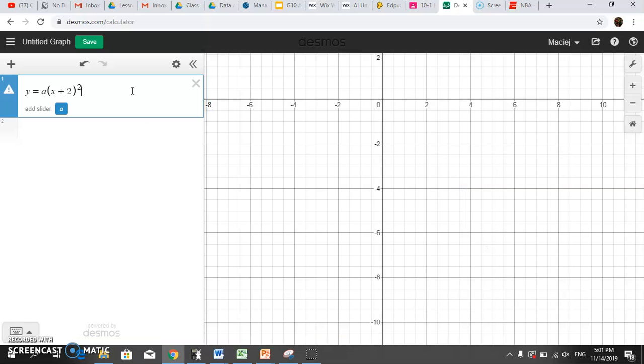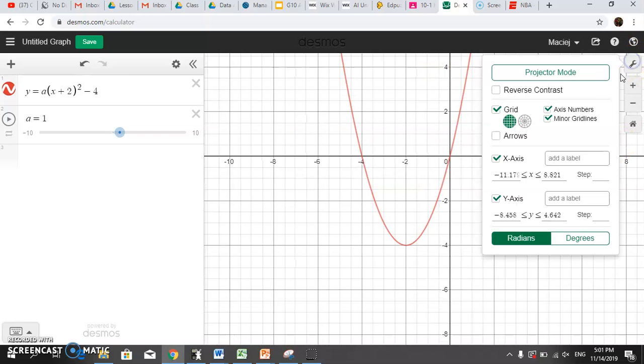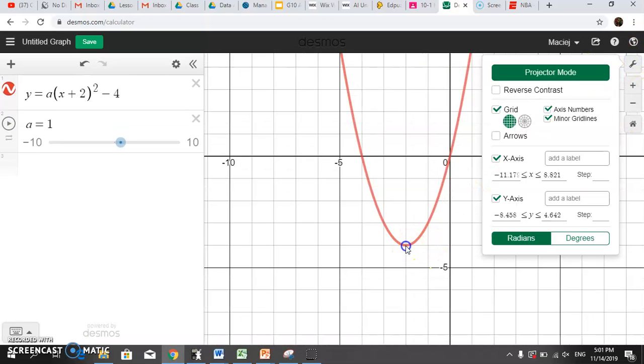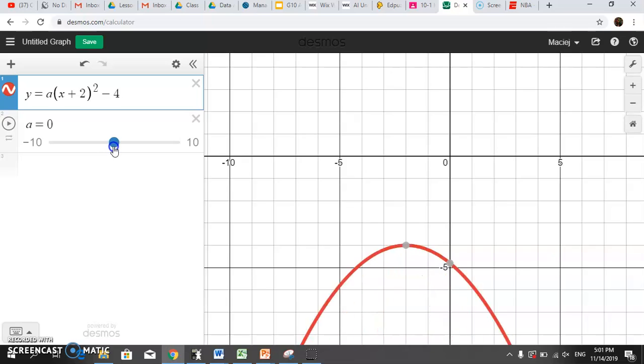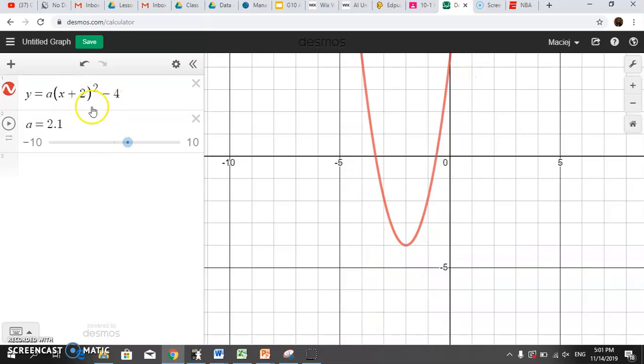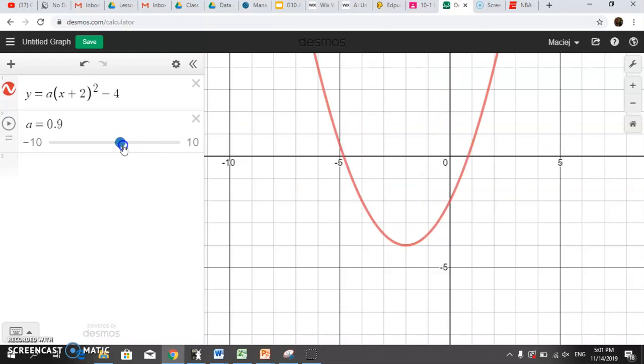And this was minus 4. Okay, so there's that parabola. That parabola has a vertex of -2, -4. A is currently 1. If we change the a value, look, the vertex is locked, because we have it in vertex form. It cannot change. But the parabola itself changes.